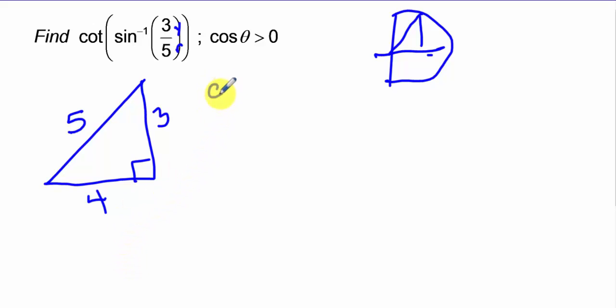And I'm asked to find the cotangent of whatever that theta value is. So cotangent is just the x value, or 4 in this case, over the y value of 3. Going a little more abstract, it tells me I need to find the inverse cosine of 5x, or 5 times an angle.